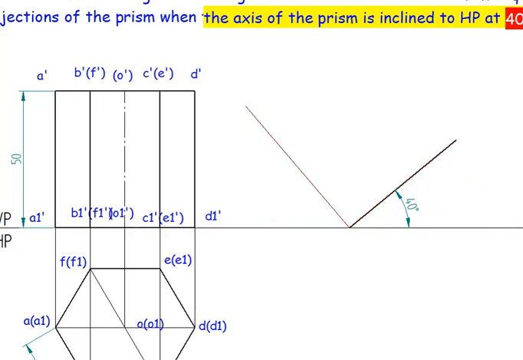We need to make sure that from here to here this is 90 degrees. That means the base is going to be inclined at 50 degrees. The idea is we need to make the lateral edge with respect to the base 90 degrees. It is not that the base is being tilted 50 degrees with respect to HP.